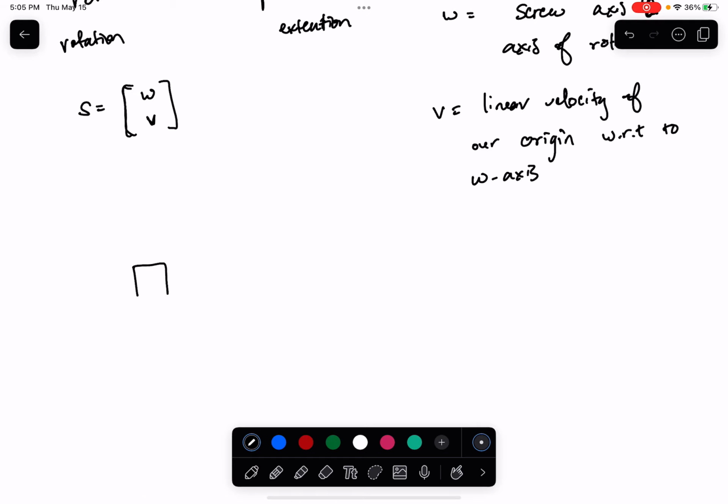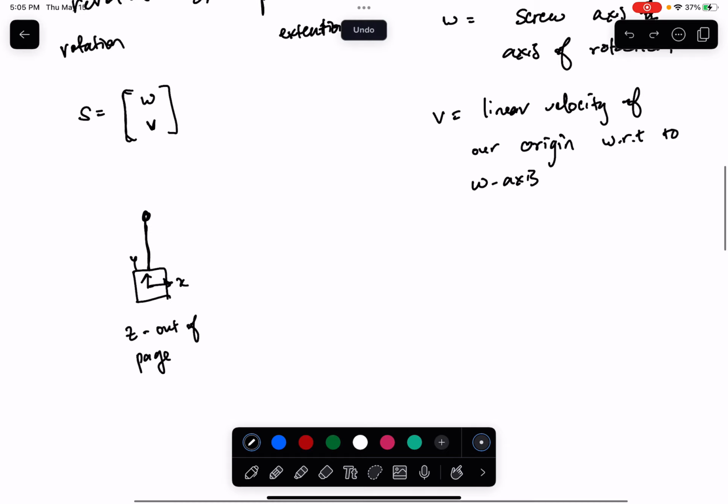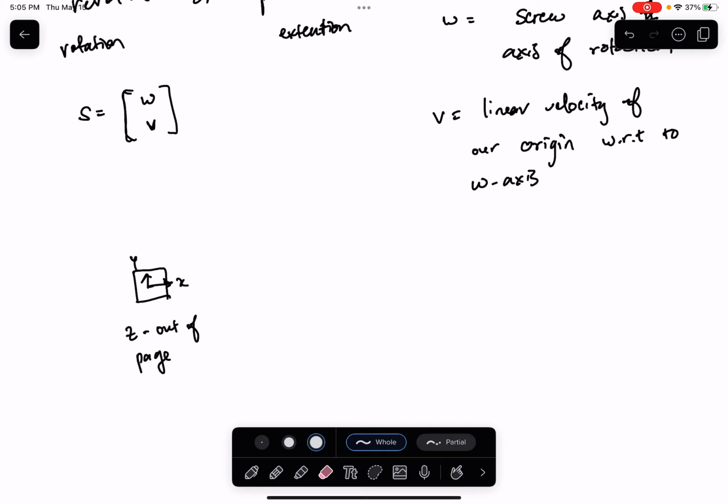If we look at this system with the square being our base frame, let's call this direction y and this direction x, which would make z out of the page. And let this dot be a revolute joint.